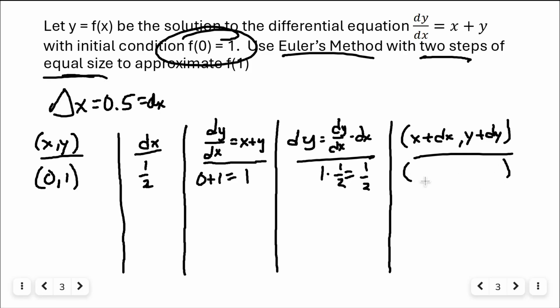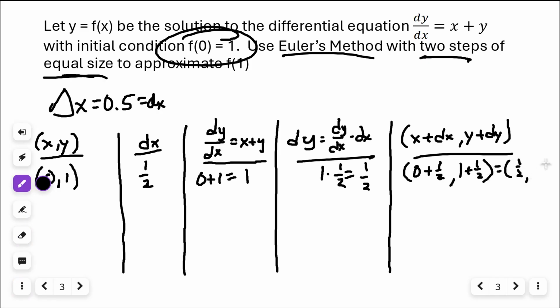And then x plus dx is 0 plus 1/2, and y plus dy is 1 plus 1/2. So that will put me at a new point. Let me erase this so we've got a little room to write it. That'll put me at the point (1/2, 3/2).